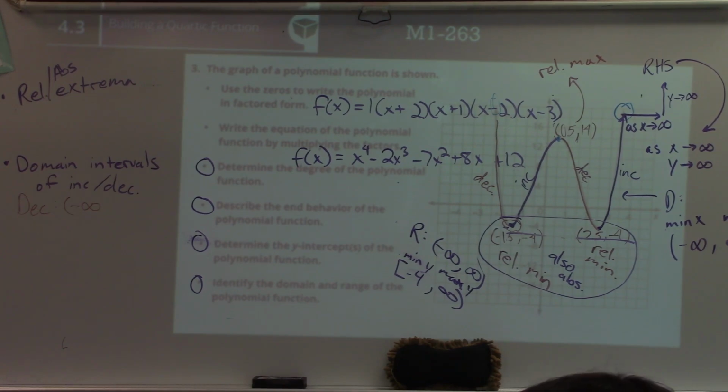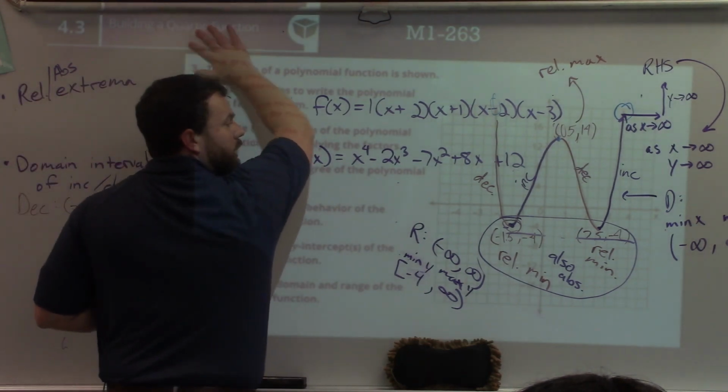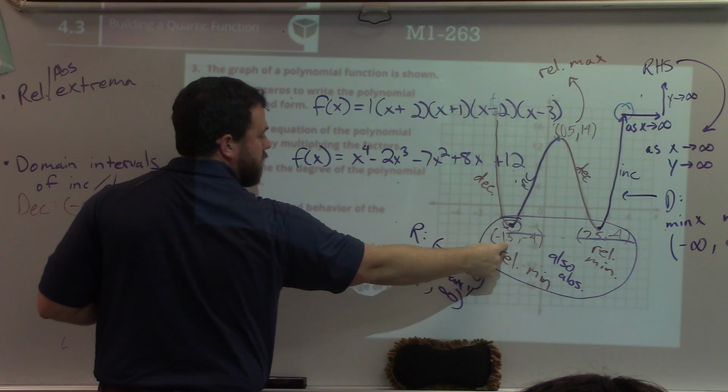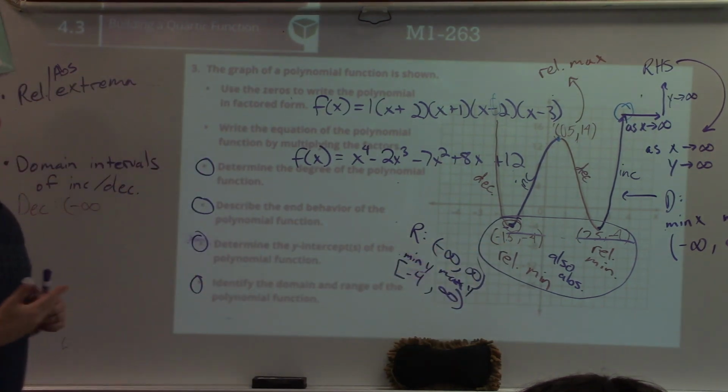Yes, the y values are decreasing, but I'm asking you, what's the x where those y are decreasing? So, it starts decreasing from way over here, and where does it stop decreasing? Remember, that's the whole point of that relative minimum. It stops decreasing and starts to increase. Now, again, you can be more precise from the calculator, but there we go. After that, Mimi, after it stops decreasing, what does it start to do?